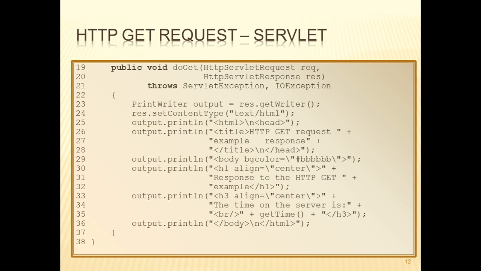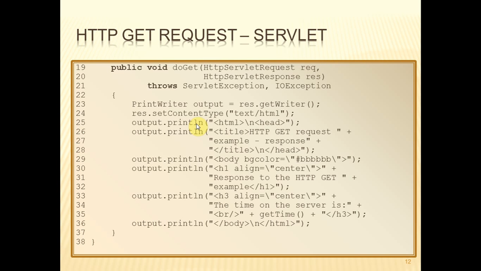So the way we send these messages, having set up the output variable on line 23, we're then able to do things like output.println. Now, if you've written any Java programs before, then you're familiar with using System.out.print, System.out.println, System.out.printf.